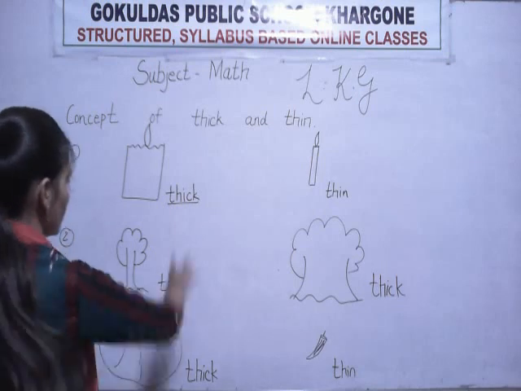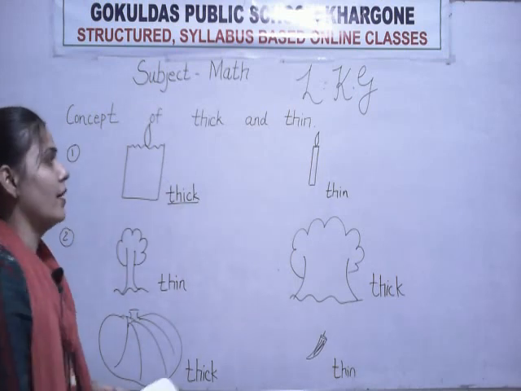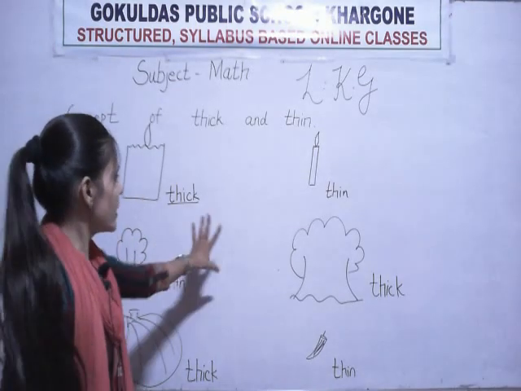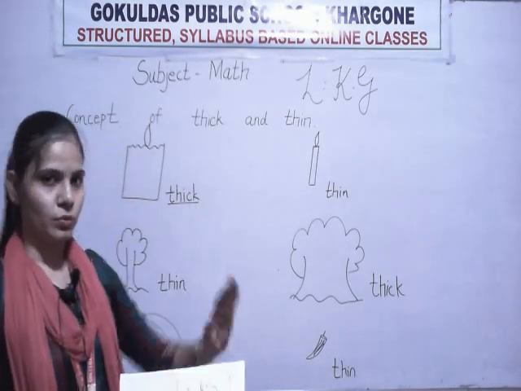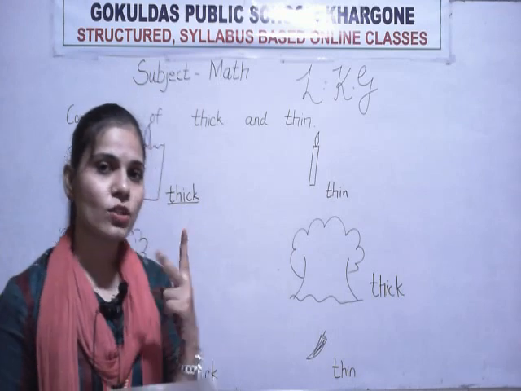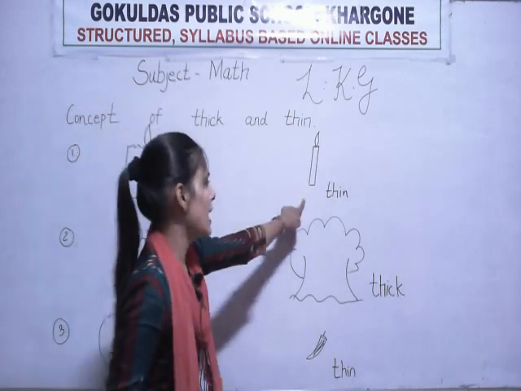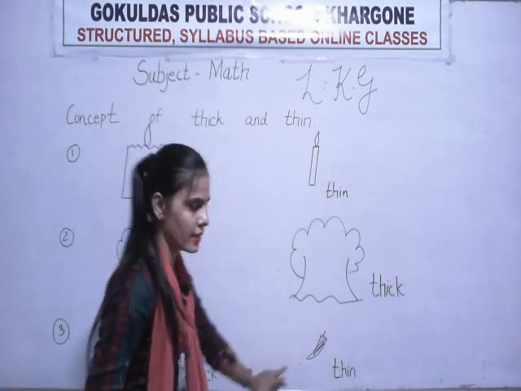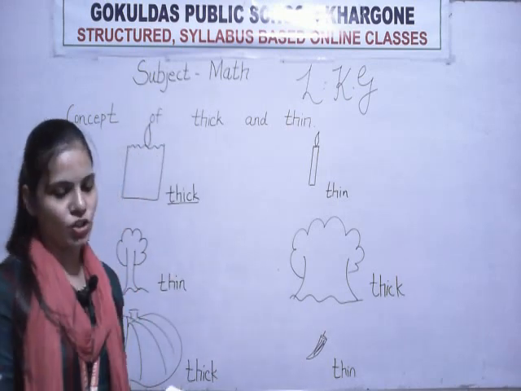On your notebook you write the same as it is, and this one is CW, and the same as CW you write for HW. So on 2 pages you write candle, tree and third pumpkin and red chili.